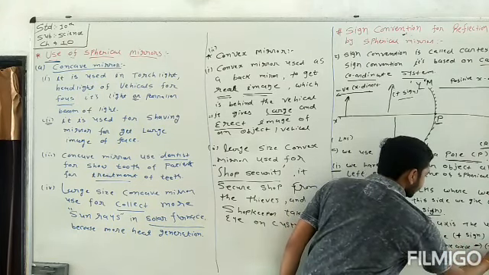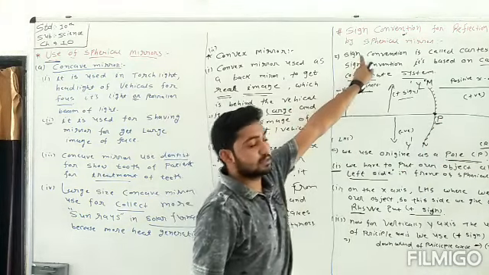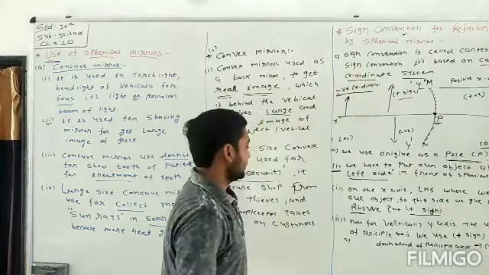So in downward direction we use negative sign. In this side negative and this side positive. And here we consider our origin. Pole is our origin in the sign convention of spherical mirror.